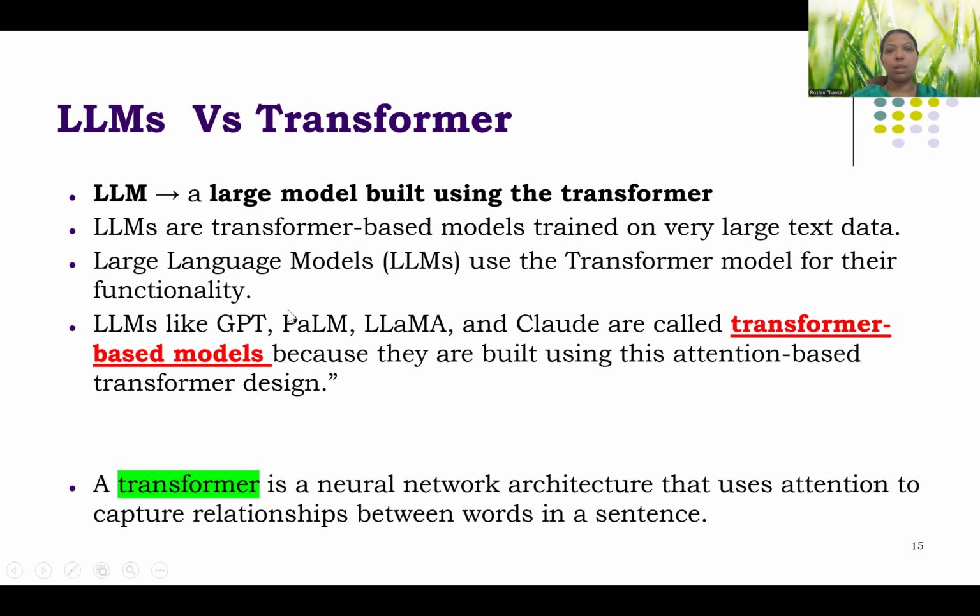So LLMs are transformer-based models, and they use the transformer model for their functionality, for their workings. LLMs like GPT, Llama, Claude, all use this transformer-based model, because inside the transformer model we have a very significant mechanism called attention.